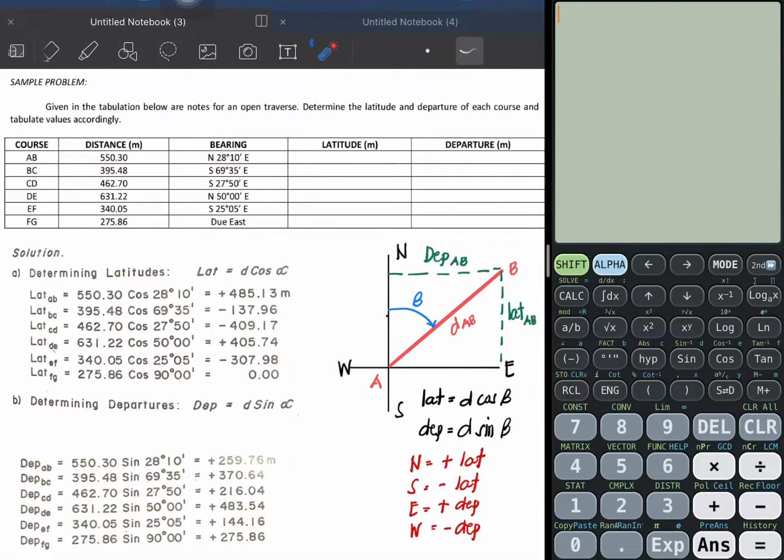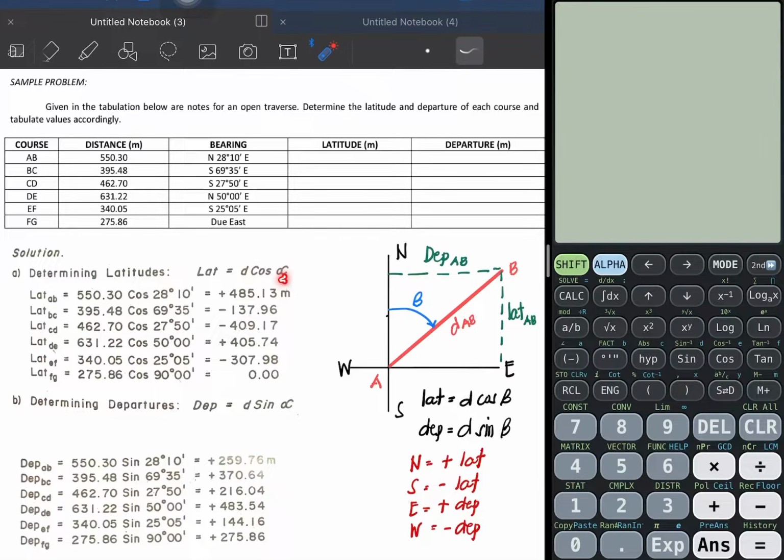For the calculation, you are given line AB with a distance of 550.30 and a bearing of 28 degrees 10 minutes. For the determination of latitude, you have the formula: latitude is equal to the distance times the cosine of the angle.